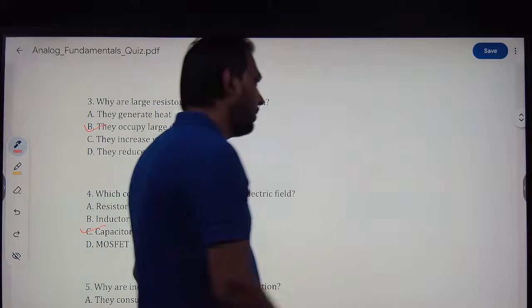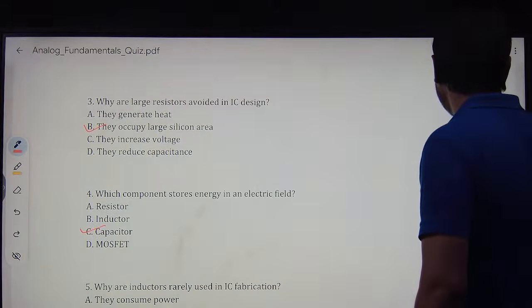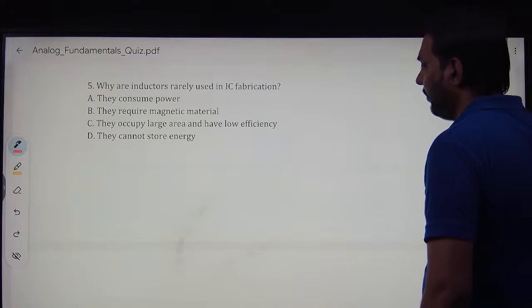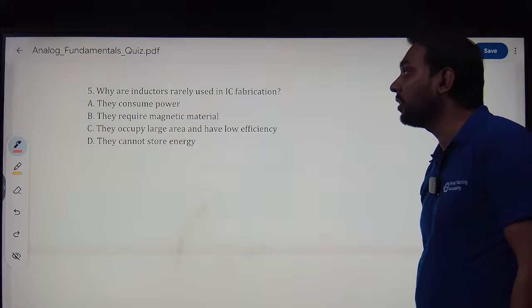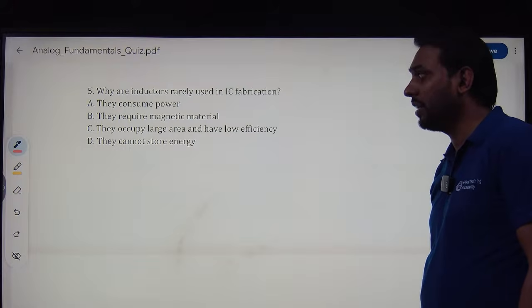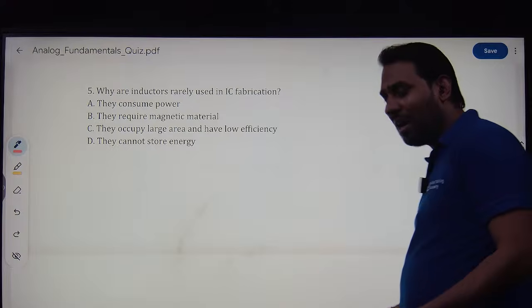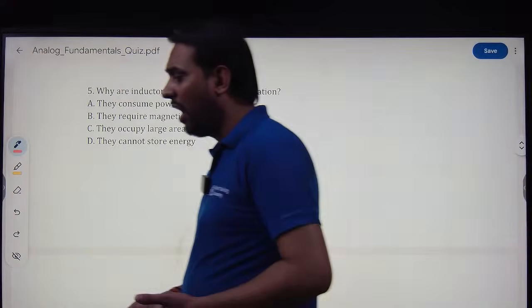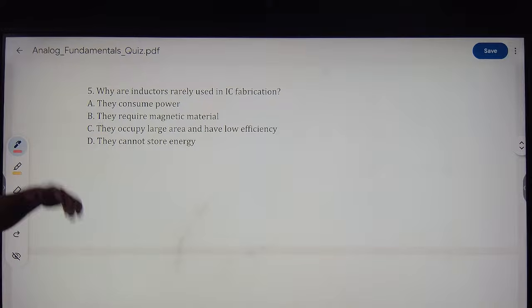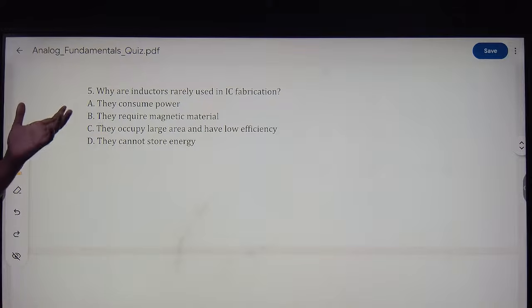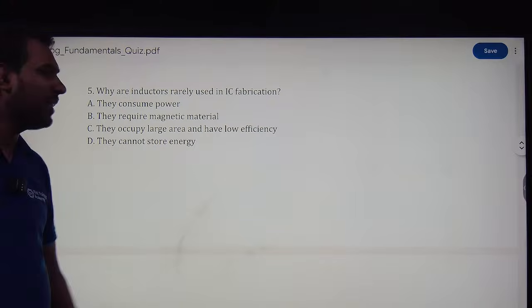Okay, so this was your fourth. Let's talk about the fifth: why are inductors rarely used in IC fabrication? Of course, it is too bulky, and it will influence other circuits. It is also very low in efficiency, because the frequency is very low. If the frequency is high, it will look like an open circuit.